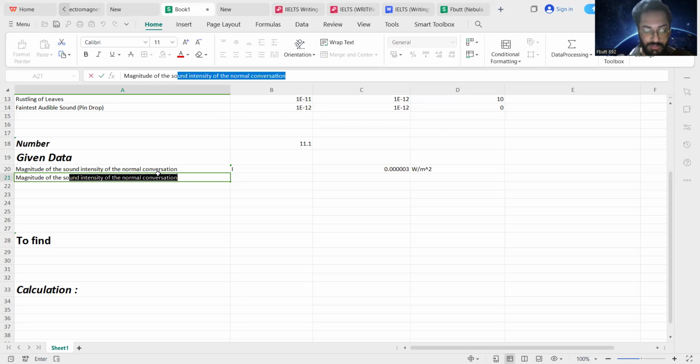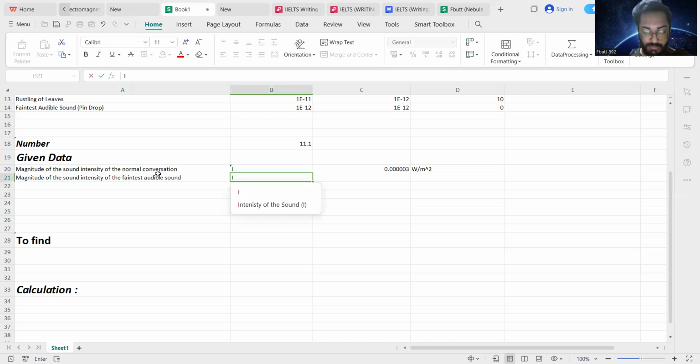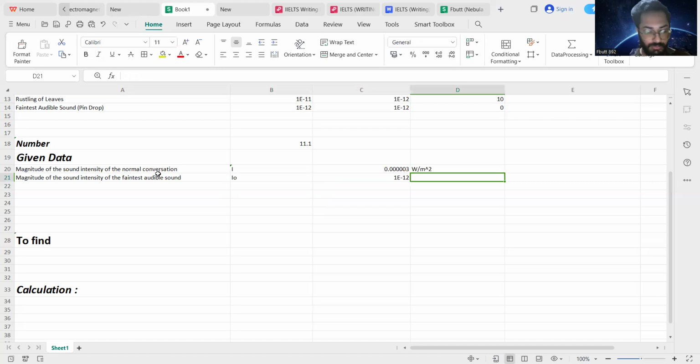The sound intensity of the faintest audible sound is I naught, equivalent to 10 raised to the power minus 12 watt per meter square.